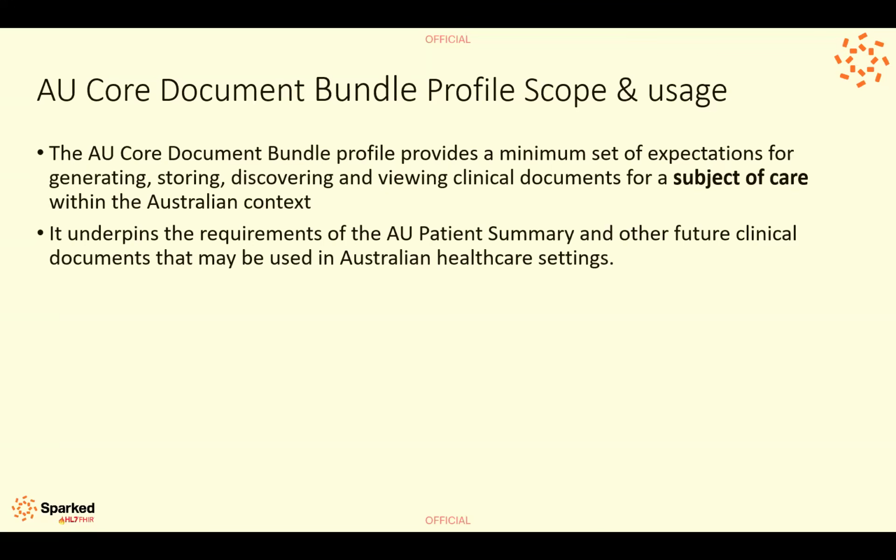As I mentioned, this already underpins the requirements of AU patient summary, but the idea of putting in an AU Core profile for a document bundle is that we can then leverage that pattern, or this profile, to build additional implementation guides and profiles for other types of clinical documents, such as those presented in the Minty previously, things like your discharge summaries and your encounter records, etc., and lab reports.